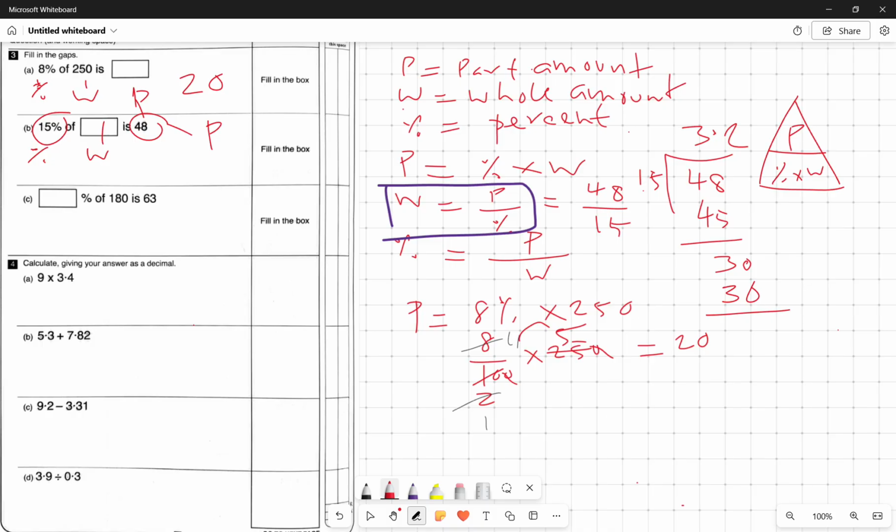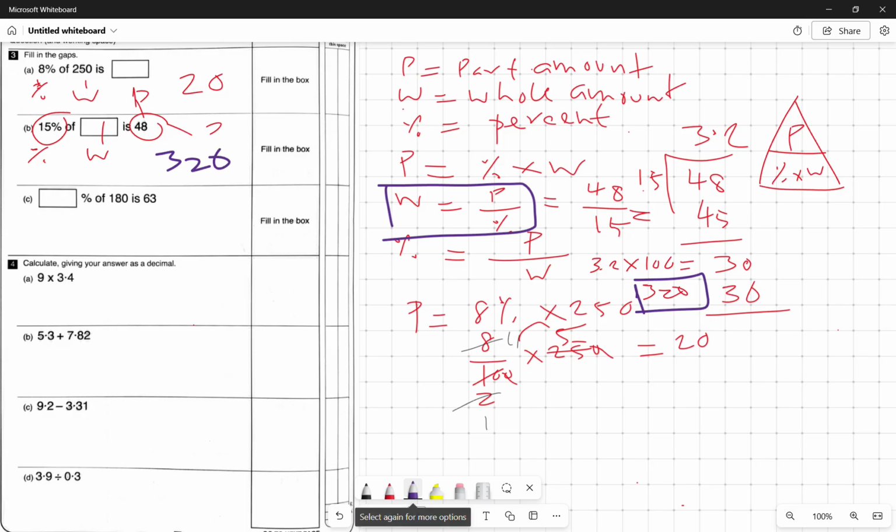So your answer, 48 divided by 15, is 3.2, and now the decimal is 100, so we need to multiply, so the answer will be 320. So the whole amount will be 320. This is your answer for question number 3B.